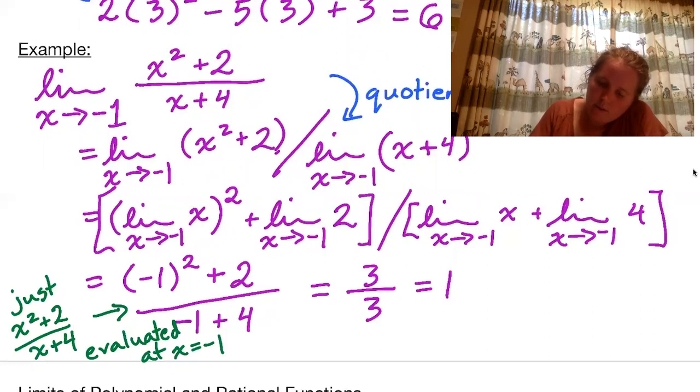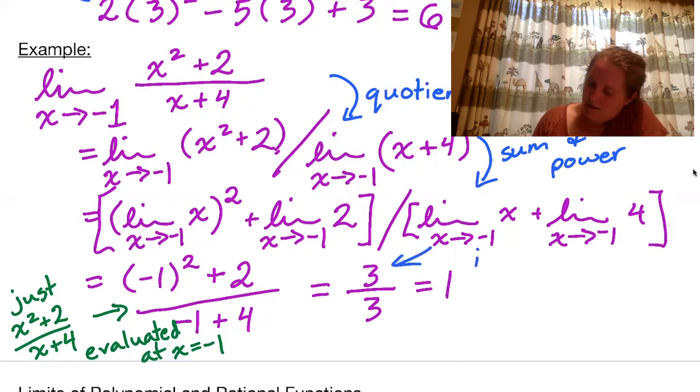So I didn't label here. From this step to this one, we were using both the sum and power. And then this last step here, we were doing identity and constant.